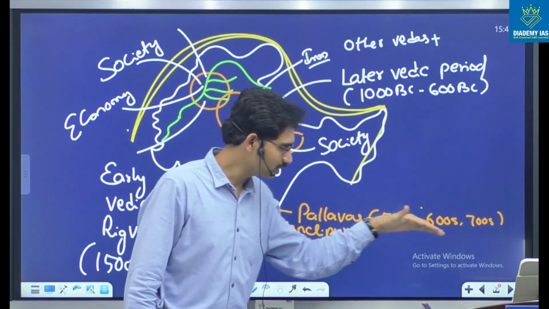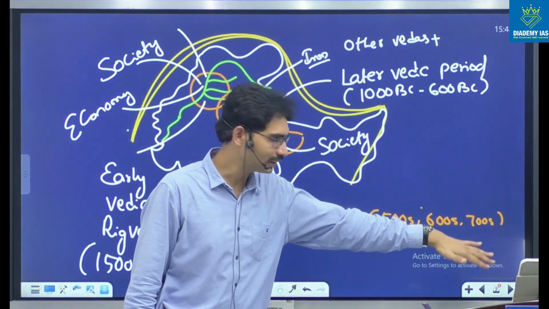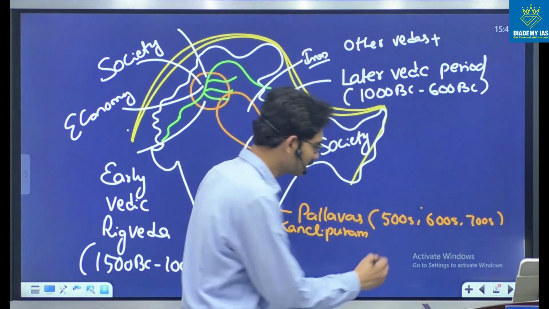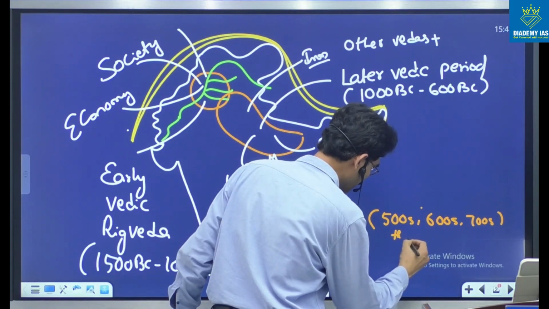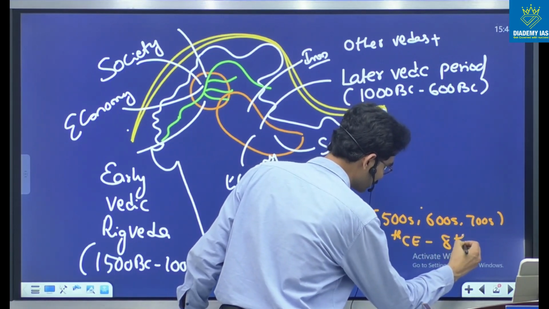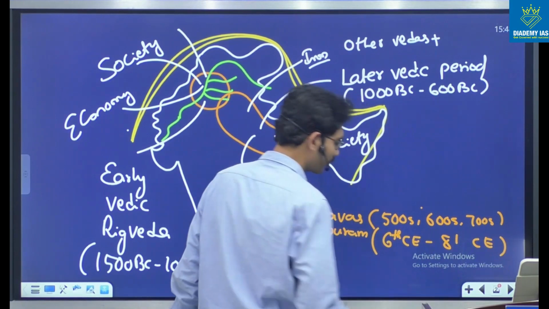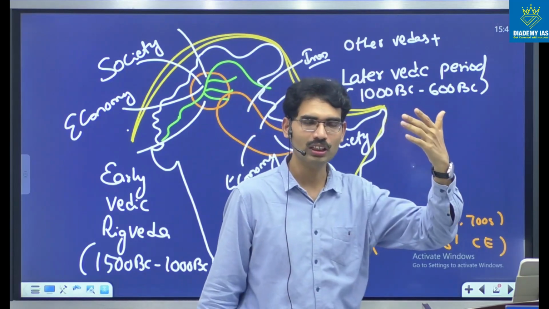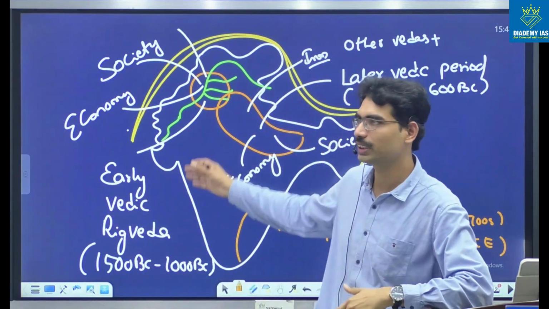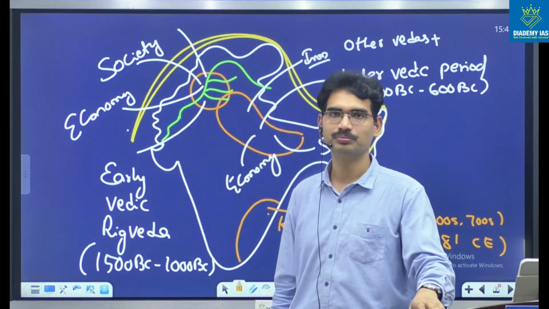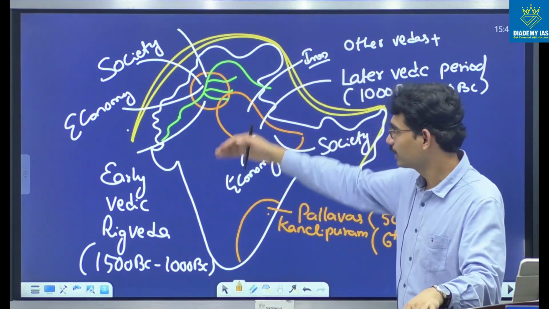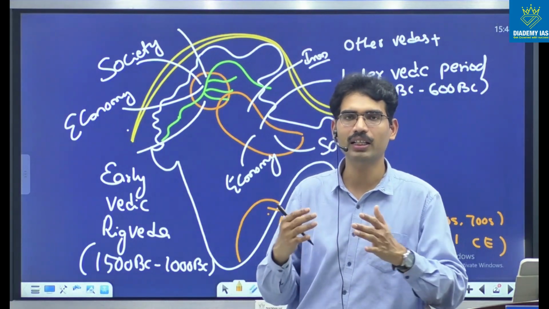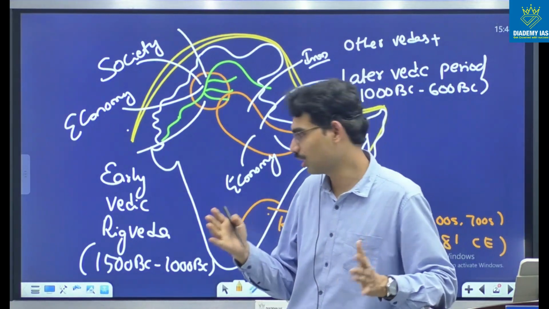And the next point is time period. Once you understand the time period, then what happens? If it is the 600s, this is the 6th century CE to 8th century CE. Compared with 1500 BC, now we are talking about something that developed after 2000 years since the Rigveda. By then so many developments have taken place in the country, so much diversity, and here we are talking about literature, art.